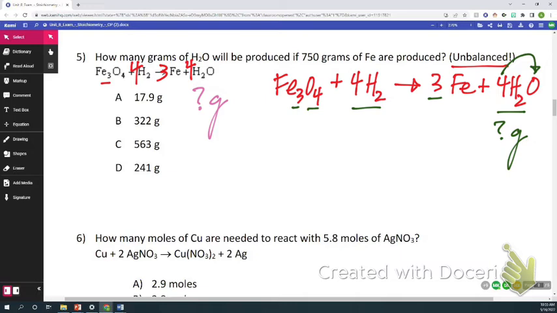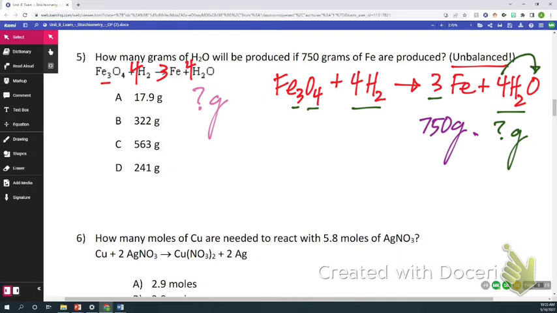And they started you off with 750 grams of Fe produced. So, how many grams of H2O will be produced if 750 grams of Fe is produced?